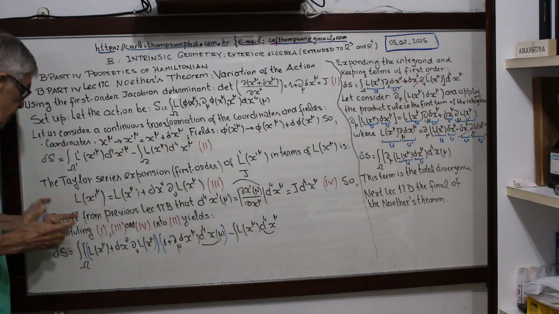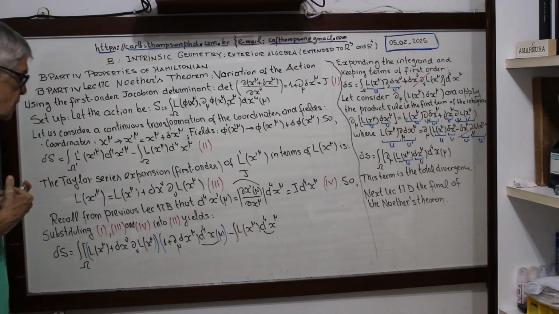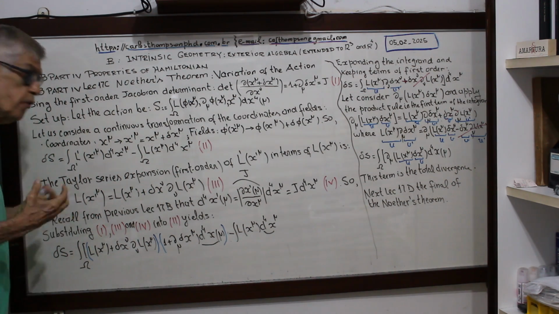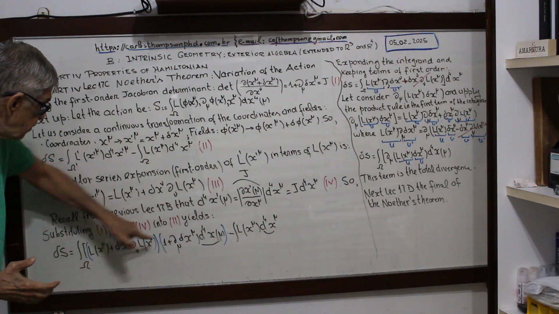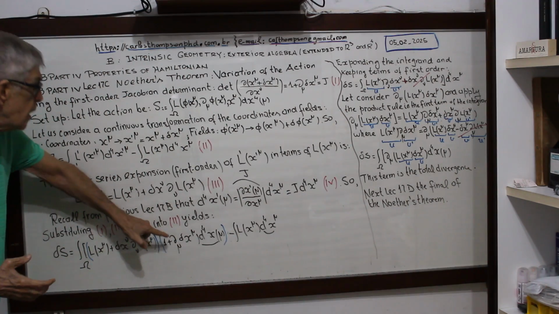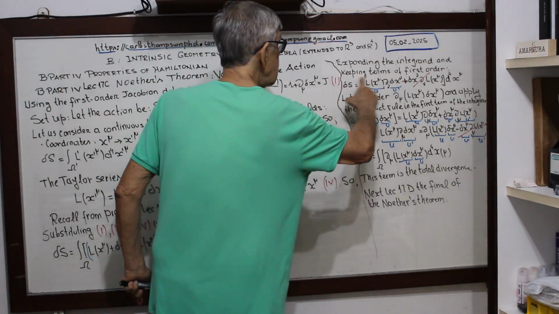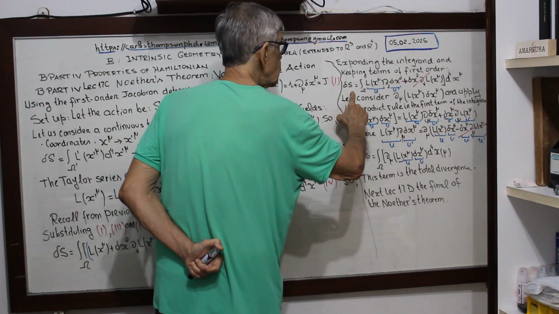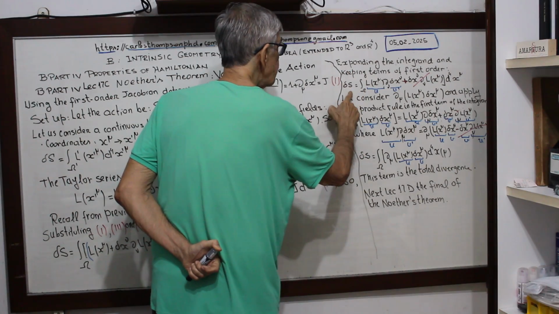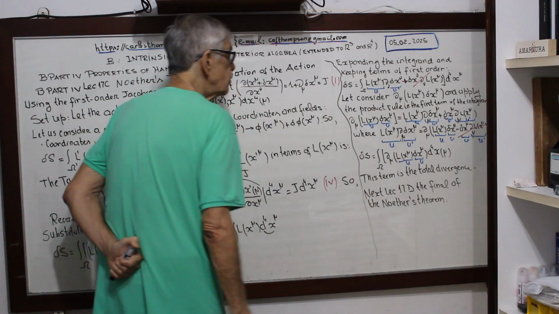But if you keep only the first order, you eliminate some terms, and that leads to the expansion. Keeping terms of first order, this leads to delta S equal to this summation over here.